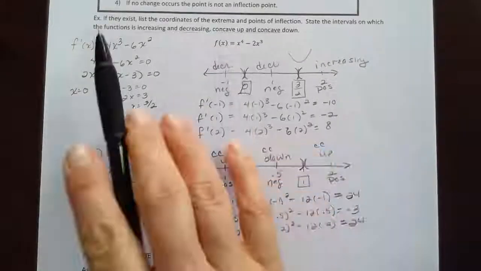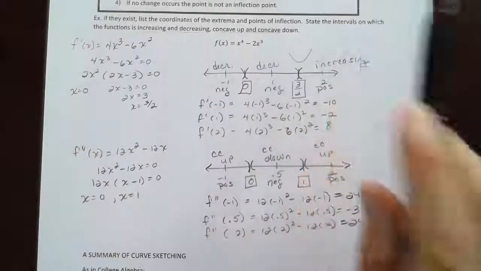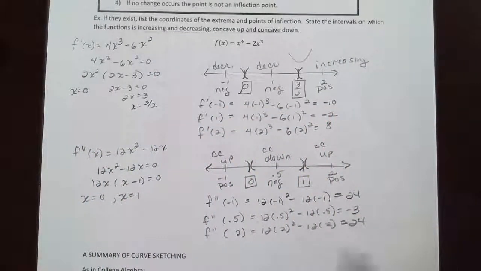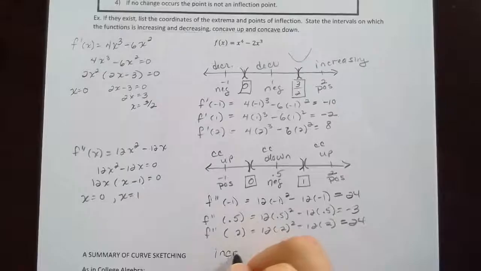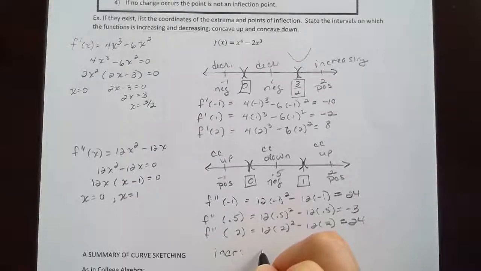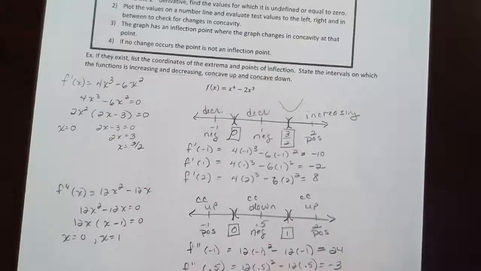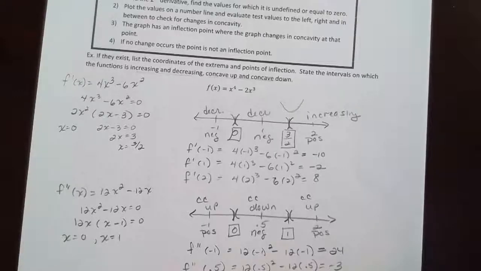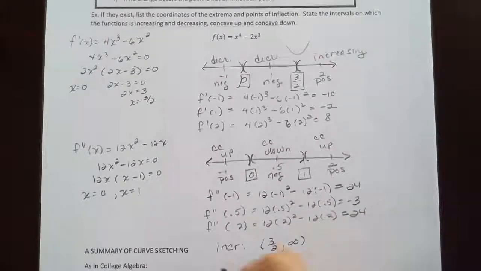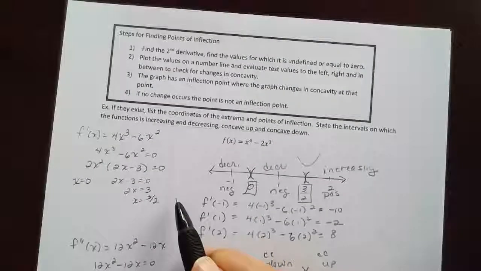As far as the question is concerned, they wanted intervals on which the function is increasing, decreasing, concave up, or concave down. So for increasing, your interval is going to be from 3/2 to positive infinity. And for decreasing, your interval is going to be negative infinity to 3/2.